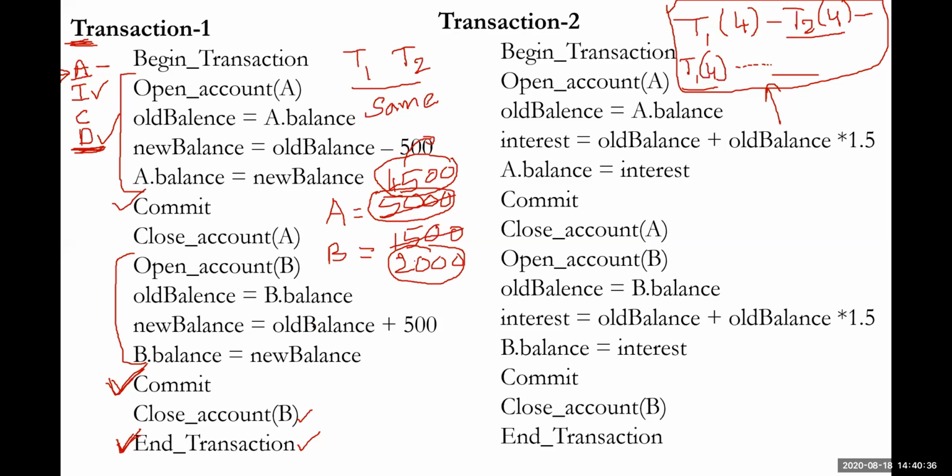Yes, it exists as per the example. Durability: everything will be sent to the server for permanent saving. Yes, it has happened. So that kind of transactions will be called as satisfying the ACID properties.